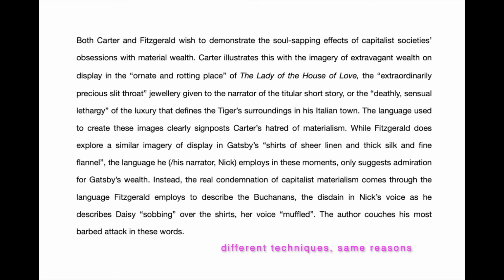Carter, yes, she uses the imagery of all these horrible, over-the-top, materialistic obsessions. But Fitzgerald, even though he uses that same technique, where he really gets across his anger at materialism is in the disdainful tone of his narrator, a very different technique.